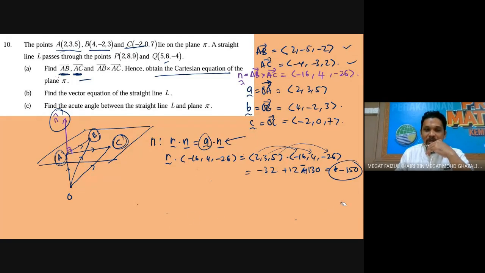So the Cartesian equation of plane pi is r dot (-16, 4, -26) equal to negative 150.